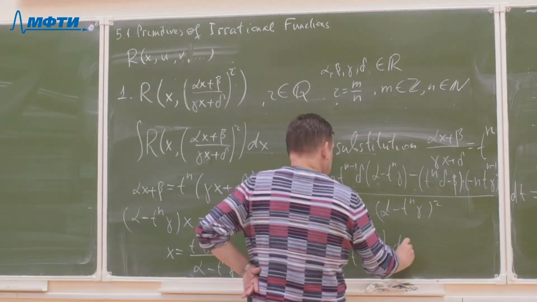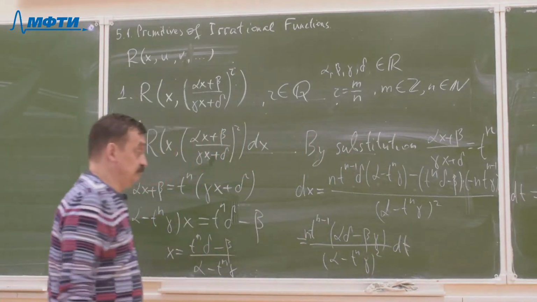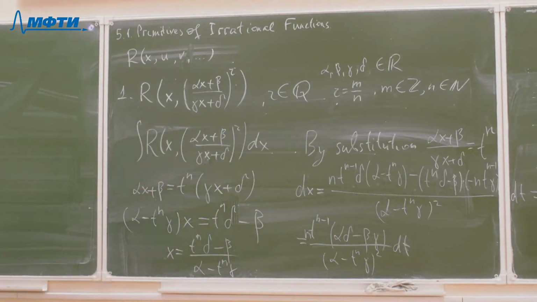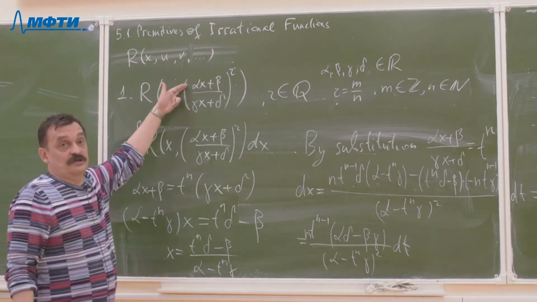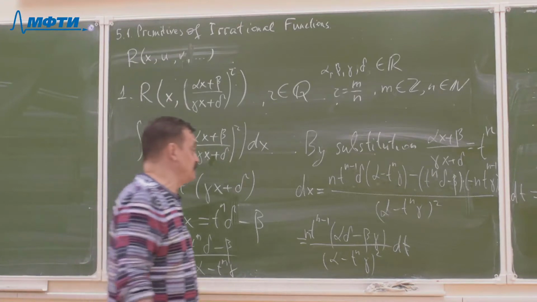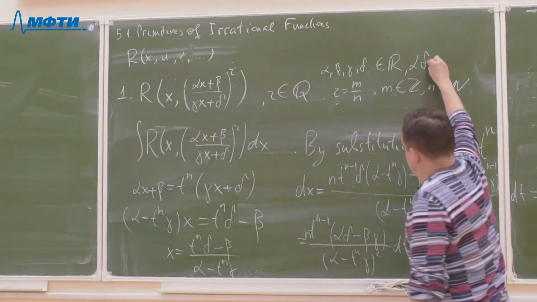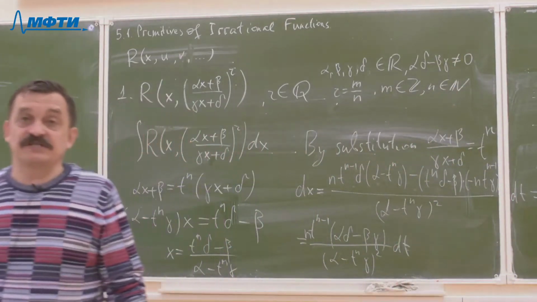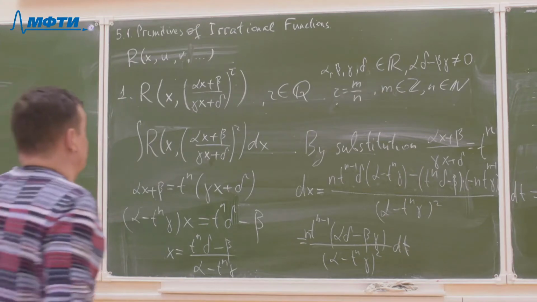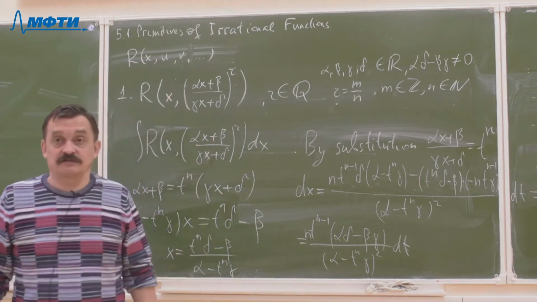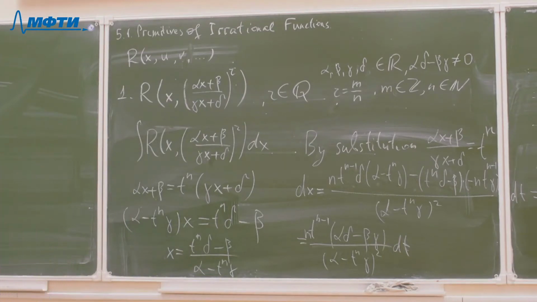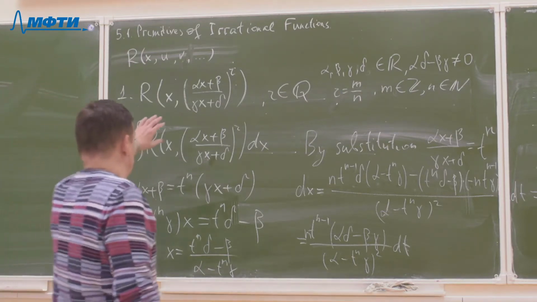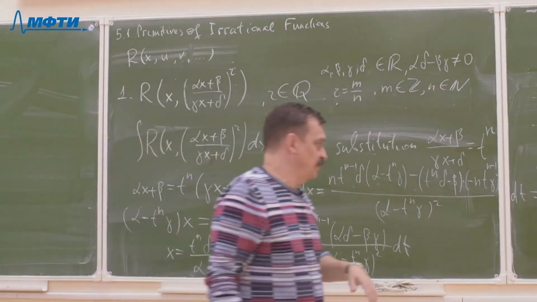And in fact, I said we should consider only cases when this is not a constant, precisely when alpha delta minus beta gamma is not 0. That is precisely the case when this ratio is not identically constant. Otherwise we don't need to do anything, because if this is a constant, then this is just an integral of a rational function. Nothing to do.